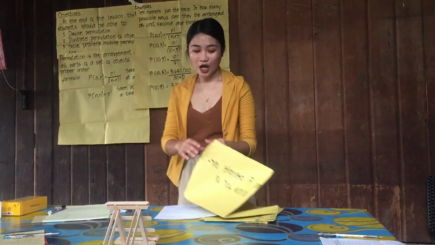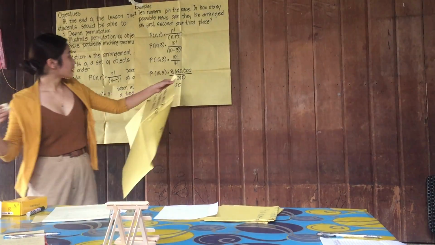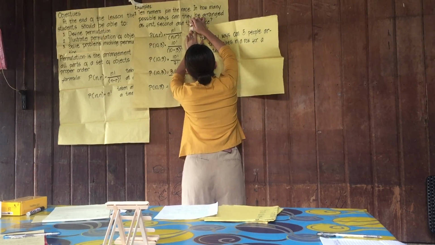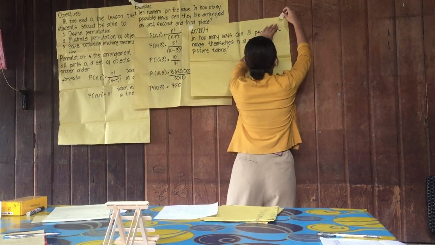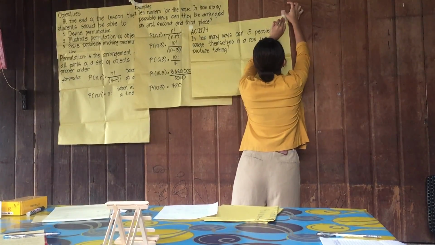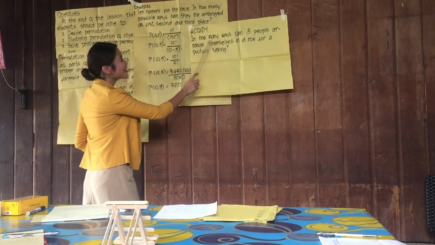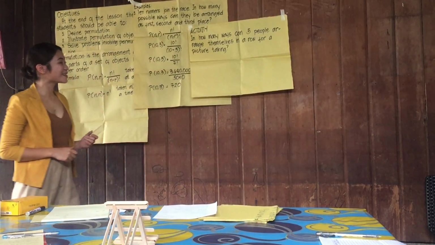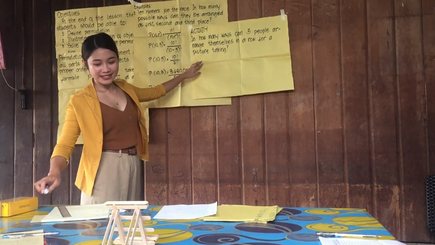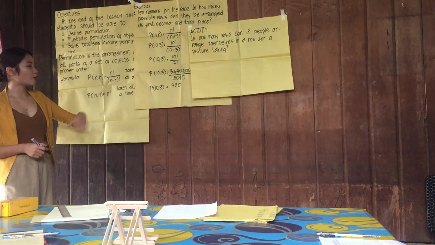This time we will have another example. In how many ways can 5 people arrange themselves in a row for a picture taking? This time, the second example, you are asked taken all at a time.